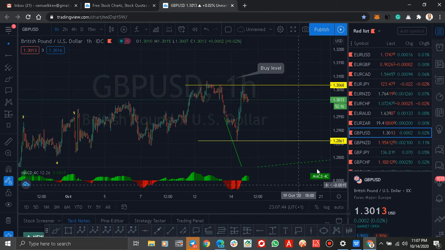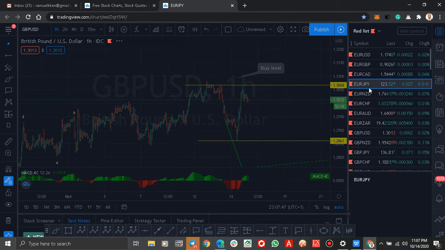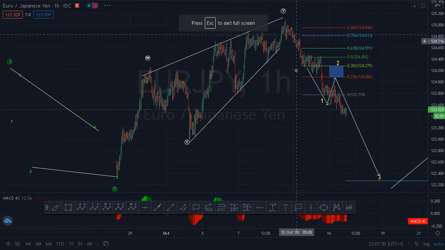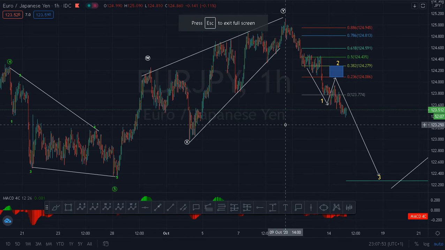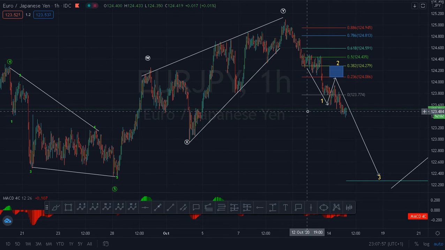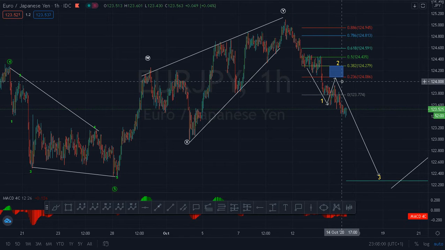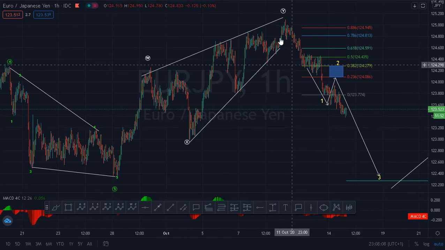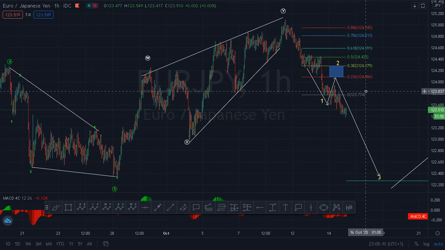So what again? Euro JPY. Euro JPY. Okay, the market keeps going down. We expected an adjustment above towards this blue box, but as you can see, it is going down gradually.